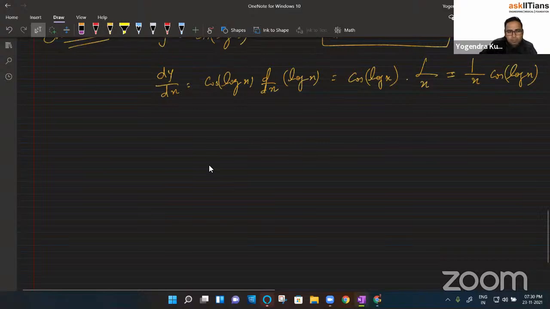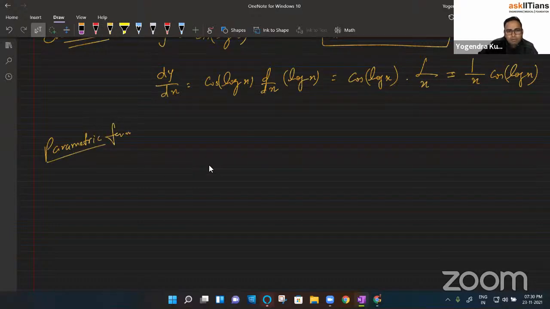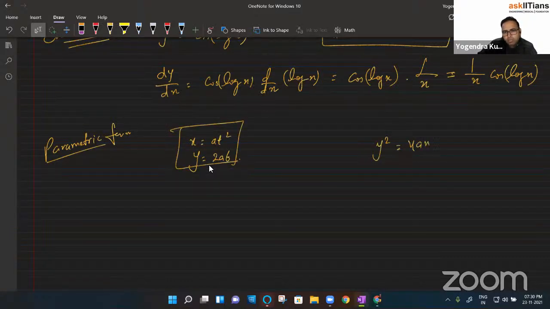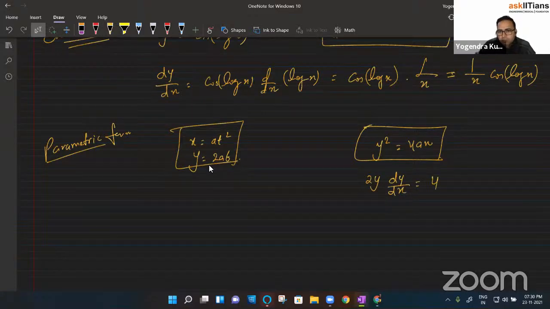Now parametric form. Parametric form derivative: suppose you have y equals 2at and x equals at square. You know y square equals 4ax, this is a parabola. If you differentiate this, 2y dy by dx equals 4a into 1.